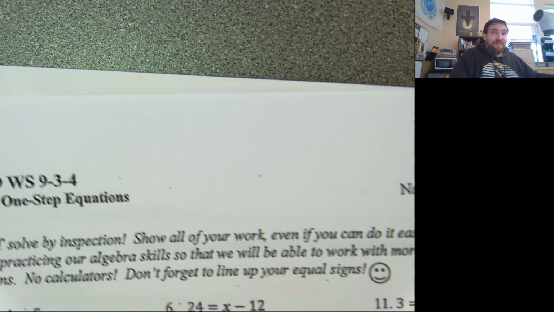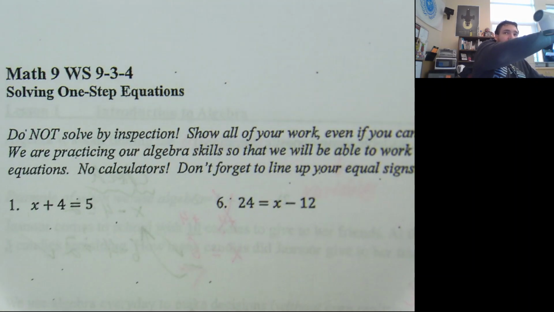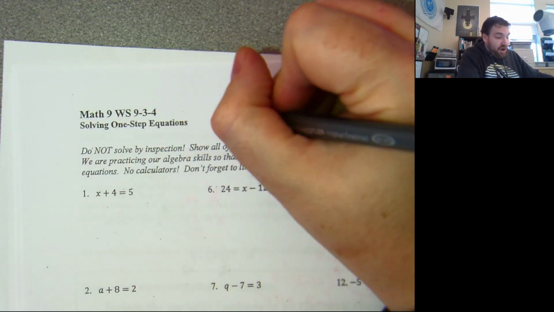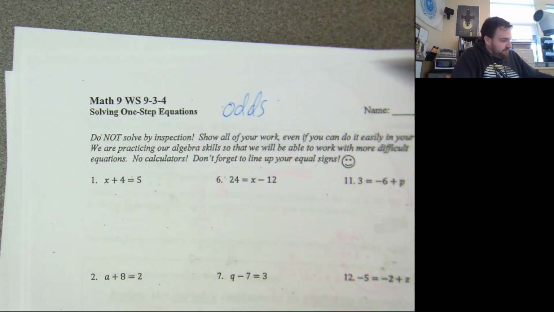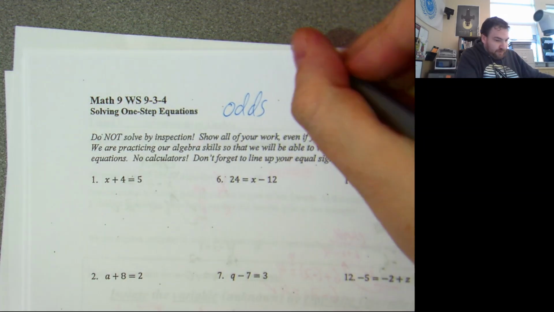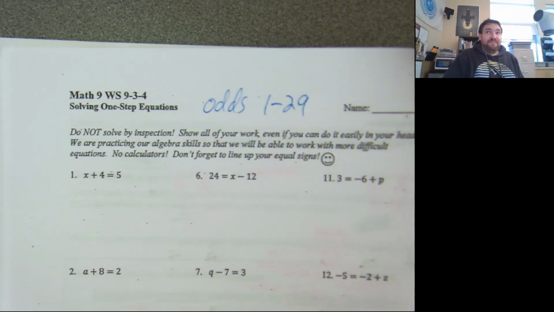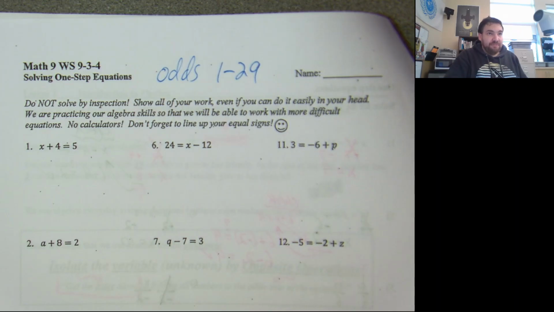Here's what I'd like you to do. Flip back a page to this one. Your assigned questions are odds from 1 to 29. They're all one-steppers.